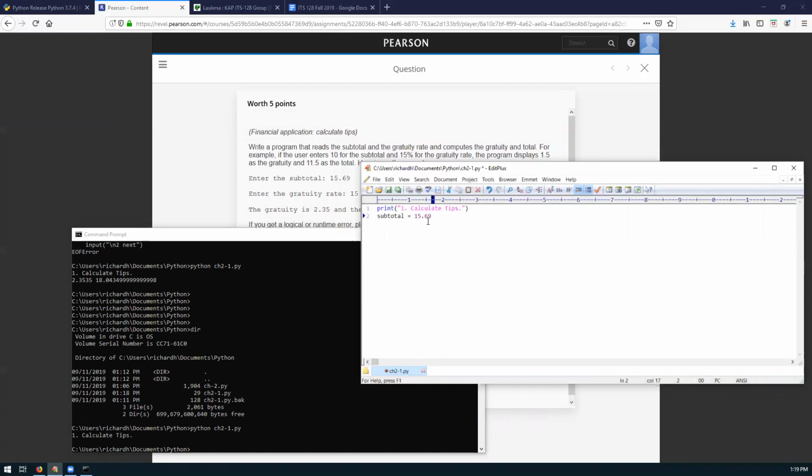You're going to have to write some sort of input that gets that in there. In fact, this is the first one, so I'm going to do this one for you. It's coming in as text, so I want to do float, parentheses, input, parentheses, quote, enter the subtotal.